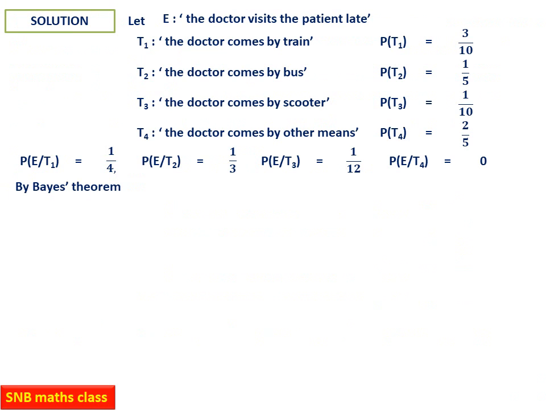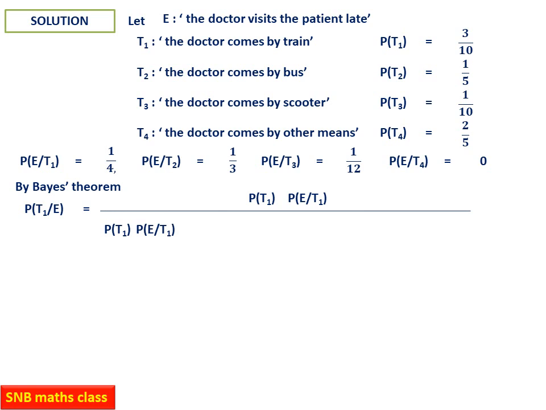Now, by Bayes theorem, what is asked is probability T1 given E. He is late, but what is the probability that he has come by the first mode, that is by train? So now apply the formula. Probability T1 into probability E given T1, divided by probability T1 into probability E given T1 plus probability T2 into probability E given T2 plus probability T3 into probability E given T3 plus probability T4 into probability E given T4.